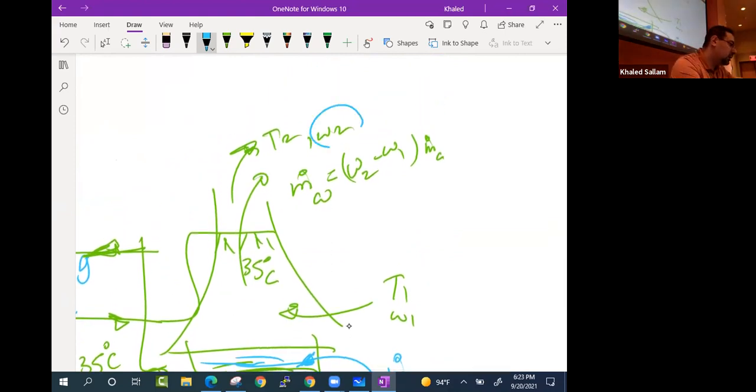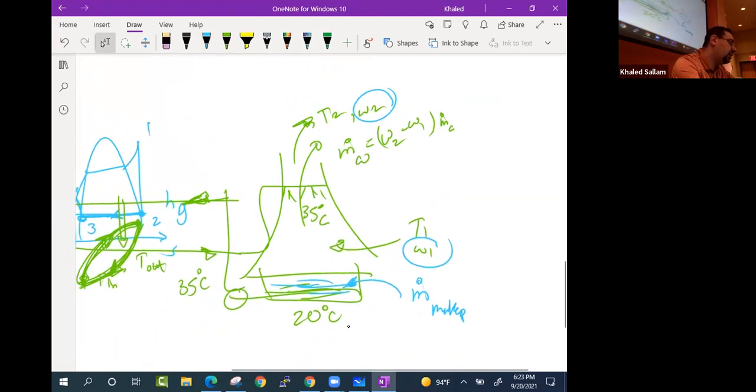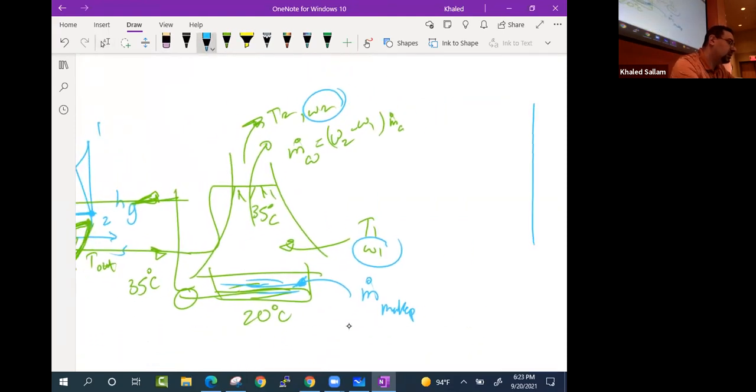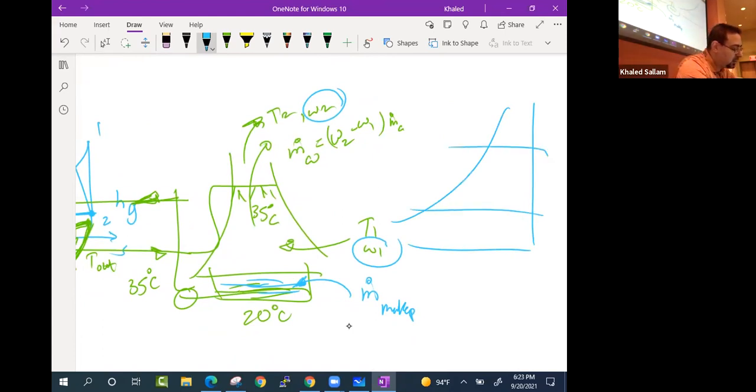And the difference between those two omegas on the psychrometric chart, between omega 1 and omega 2, is basically how you are cooling the water.